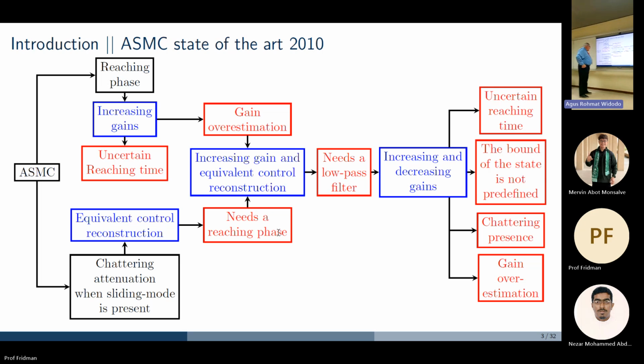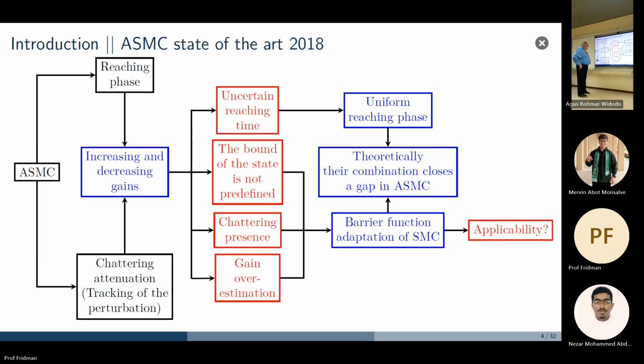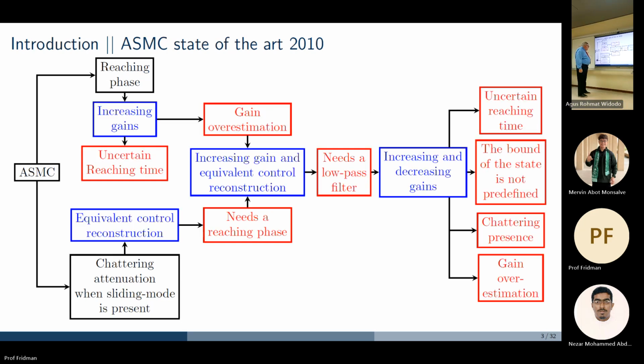You see here, I'm saying, okay, problems, reaching phase. Then what you are doing is increasing the gain.